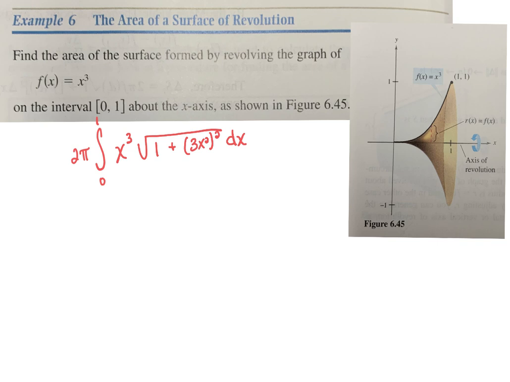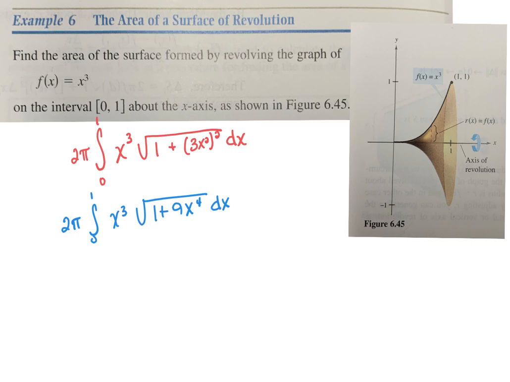And so when I do this particular one, I'm going to simplify it, and I'm going to use substitution just like I would have before. So I'll simplify it first, which will give me 1 plus 9x to the 4th dx. And so let's look at how we get this particular one.